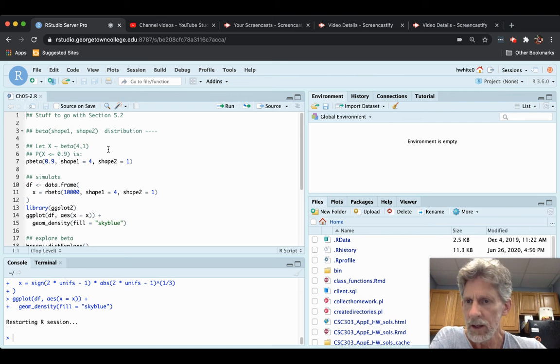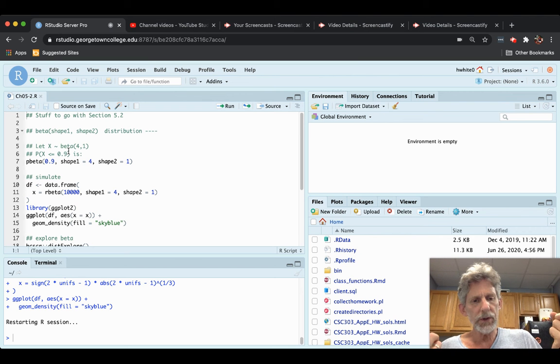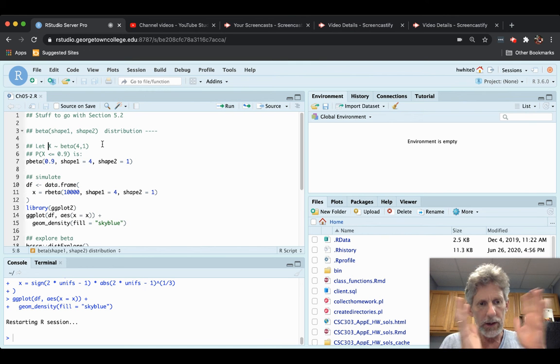Betas. So the parameters for beta in the book are called alpha and beta. In R, they're called shape1 and shape2 because they both have an effect on the shape of the PDF function. Let's let X have the beta distribution where the alpha is 4 and the beta is 1. So remember how that is when you think about how betas arrived to our attention.